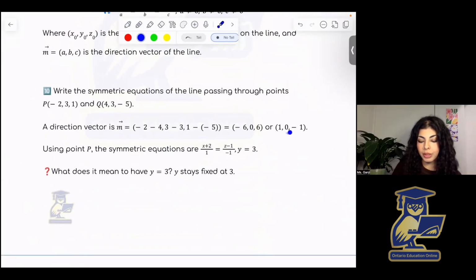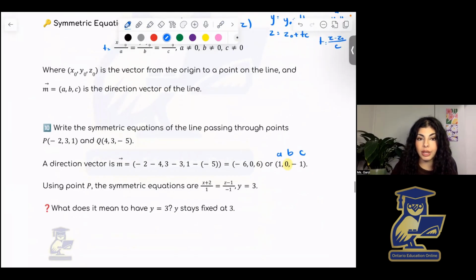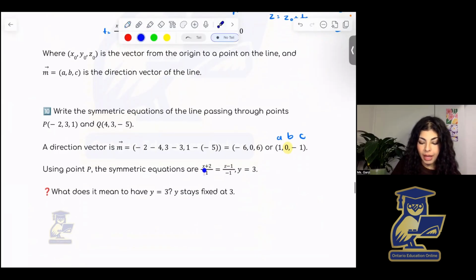And so here I'm already showing you the case where b is equal to 0. And so we actually are able to use the symmetric equation, but just not for the y component. So you would just write x, and I've chosen point P as my reference point here.